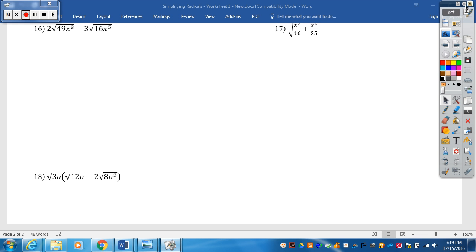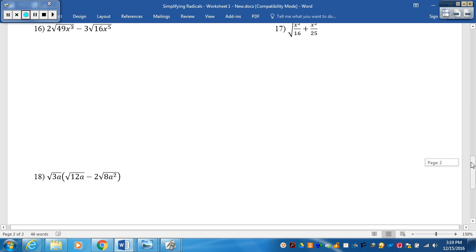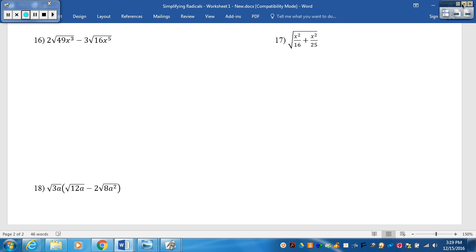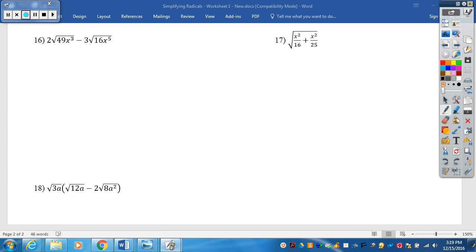Let's go ahead and do this last problem here. Okay? And we have number 17. And you know how we talked about the squares and the square roots canceling each other out? Well, can we do that here? Can we cancel those two out?